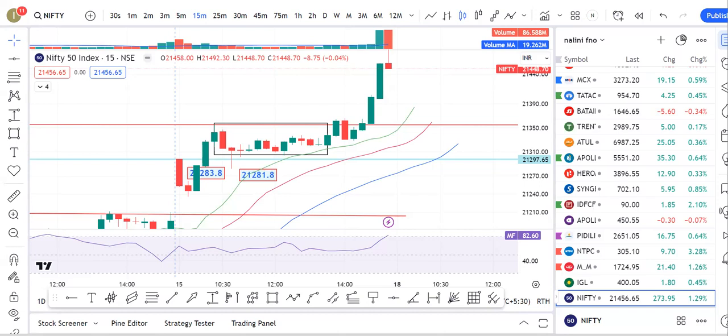From today onwards, I'm going to start a new concept, that is the liquidity concept, and how it helps on the intraday. I'll be posting and analyzing the day-to-day chart: where there is liquidity, when there is a liquidity sweep, how the strength will show, and whether it is towards the upside or the downside.